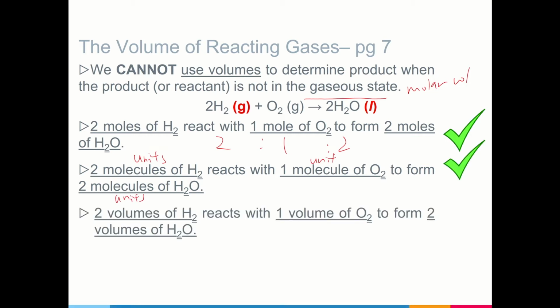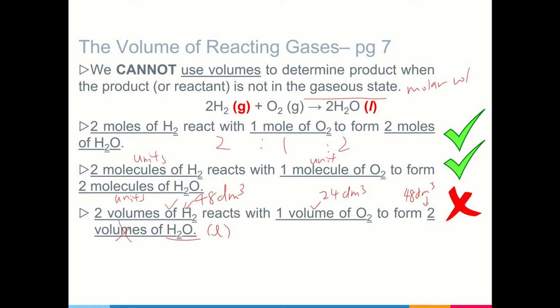But we cannot say 2 volume of hydrogen reacts with 1 volume of oxygen to form 2 volume of water, because this water is not in gaseous state. So these two I can compare, but once I bring in water which is in liquid state, it cannot work. So it is not right for me to say this: 48 dm cube of hydrogen react with 24 dm cube to produce 48 dm cube.